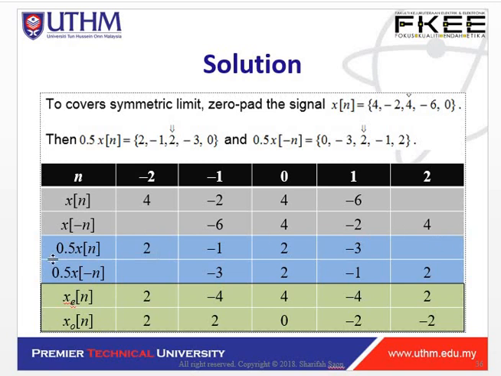Then you fill in 0.5 x[n]: 2, negative 1, 2, negative 3, 0, and also 0.5 x[negative n].